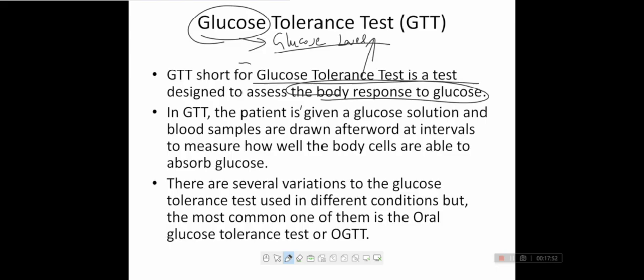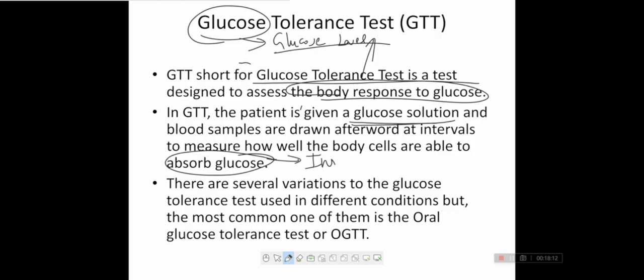Next, in GTT, the patient is given a glucose solution, and blood samples are drawn afterward at intervals to measure how well the body cells are able to absorb glucose. How is glucose absorbed in our body?